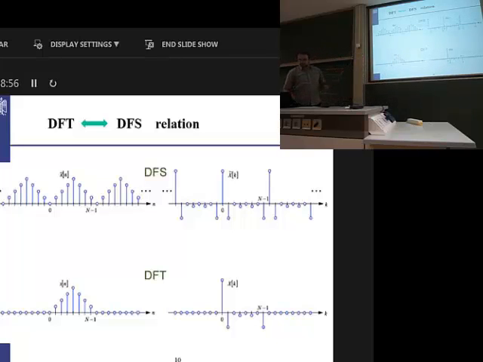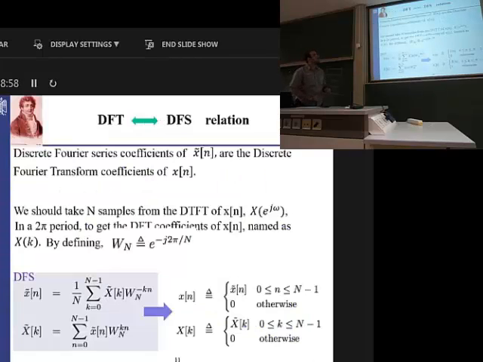So that's the intuition, but how it comes in mathematics is here. In DFS, if you have a periodic signal and you want to get the corresponding coefficients in the Fourier series domain, you have W_N, which is already defined here as e to the power of minus j 2 pi over N, one of the basis functions in the frequency domain.